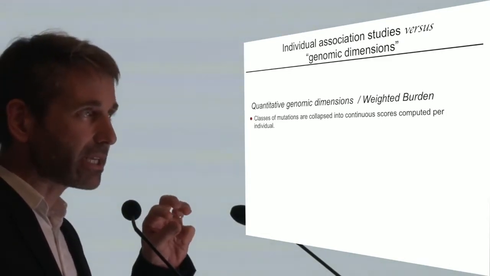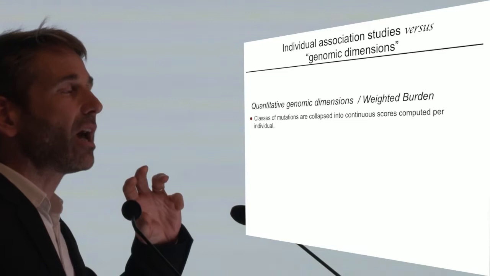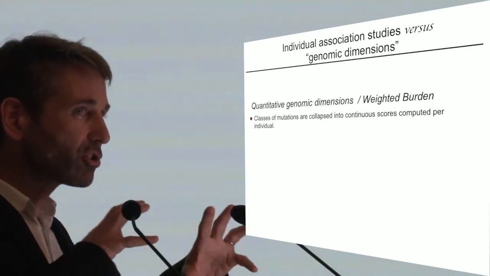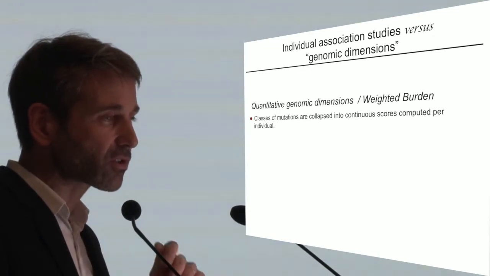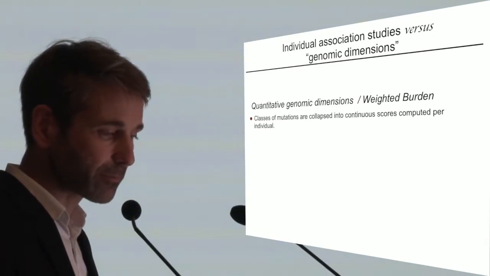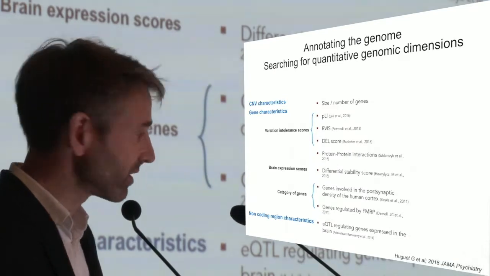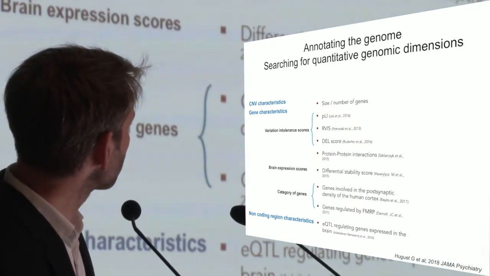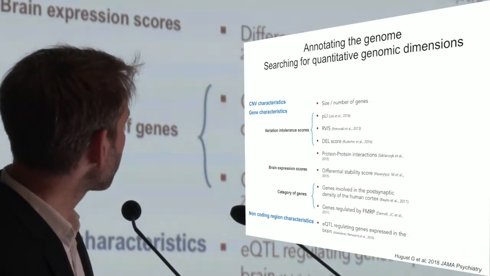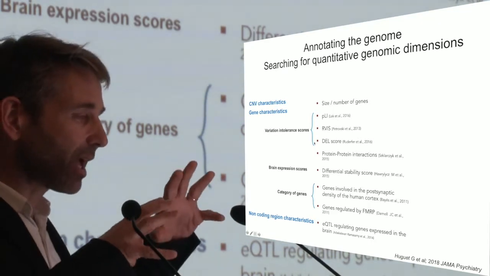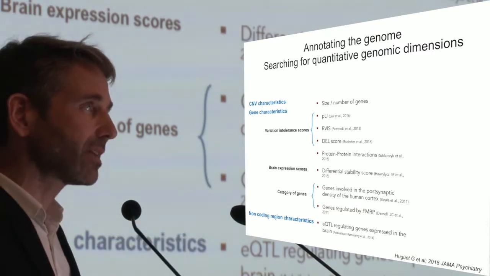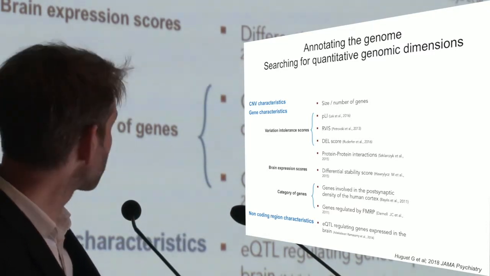But maybe what we can get insight on is the effect of global genomic dimensions that we can score using different types of annotations. And these are the annotations that we've started to use in the lab to try to understand how the genome as a whole impacts cognition, behavior, and risk for disease.